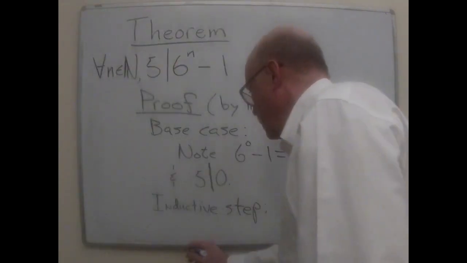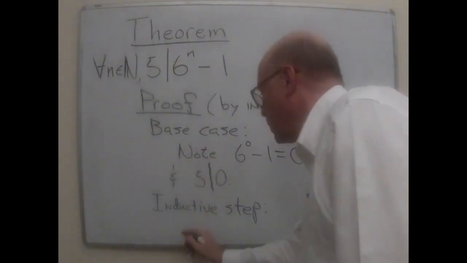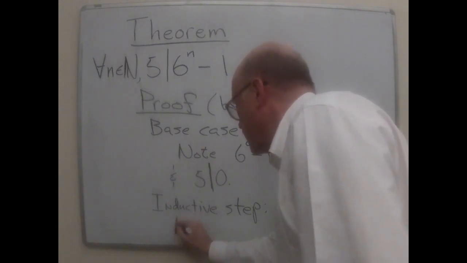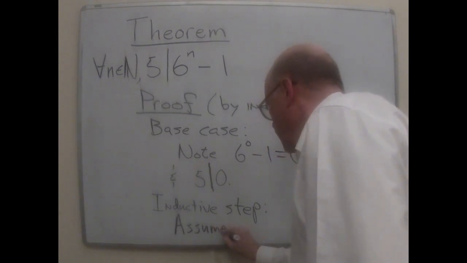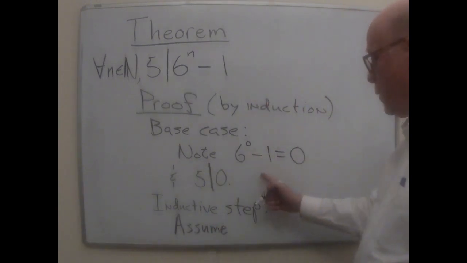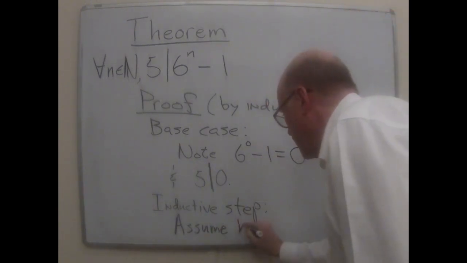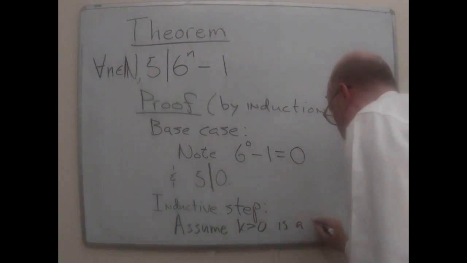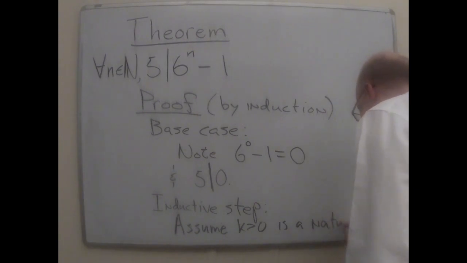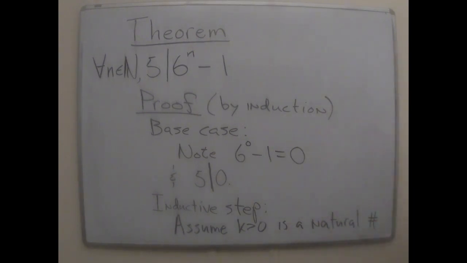So to get started on that, we're going to assume the if part. Assume that the statement is true at this k stage. Assume k is greater than 0. It is a natural number. I'm just going to abbreviate natural number with the hashtag, but the word number should have really been written out. I'm just out of space.